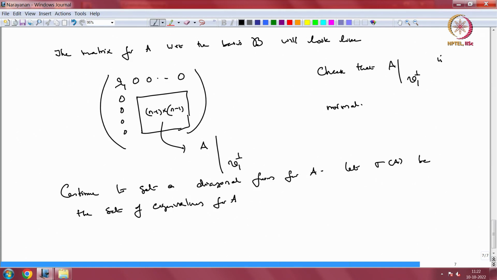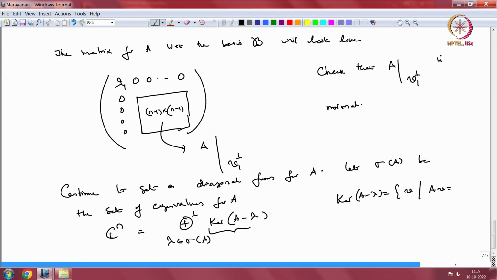Okay. We can write the space C n as an orthogonal direct sum of kernel of A minus lambda, where lambda belongs to sigma of A, the spectrum of A. So, what is kernel? Kernel of A minus lambda is all those vectors such that A v equal to lambda v, the corresponding eigenspace, right.